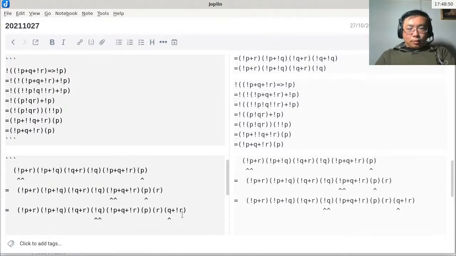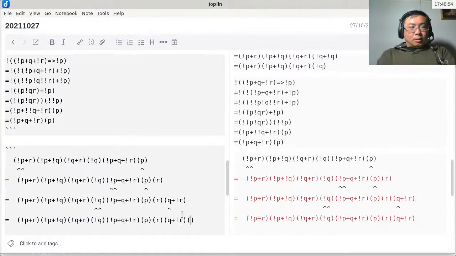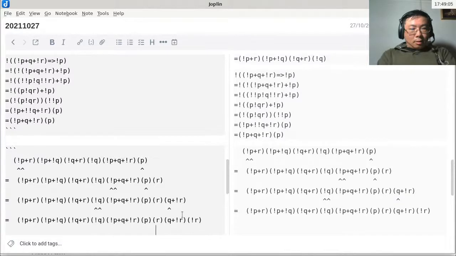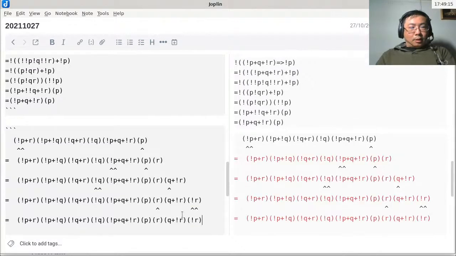So the end result of this resolution is that we are adding a new term, which is just not R. Now we are pretty much done because we have this R to resolve with this not R over here. And now we have our false.